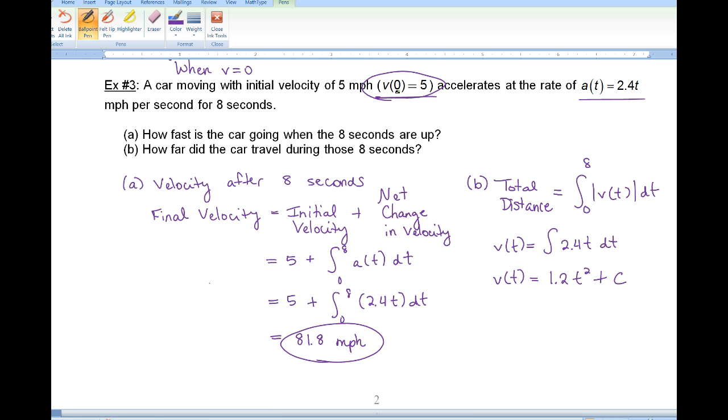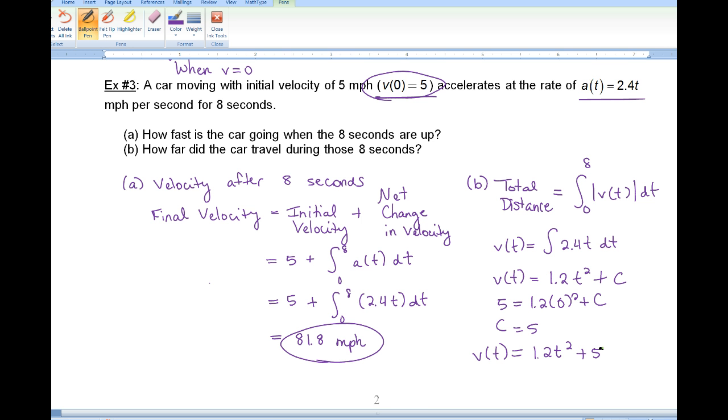But here I have v of 0 equals 5, so I could plug that in. So I get c is equal to 5. So my velocity is 1.2t squared plus 5.